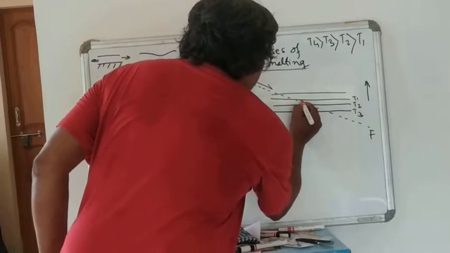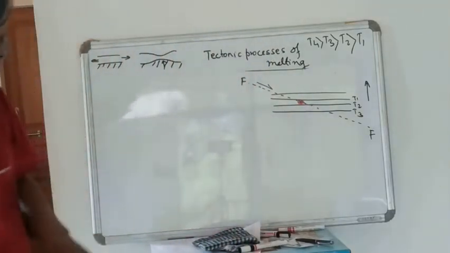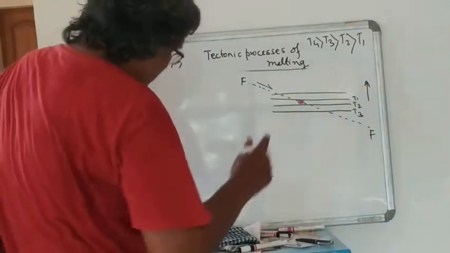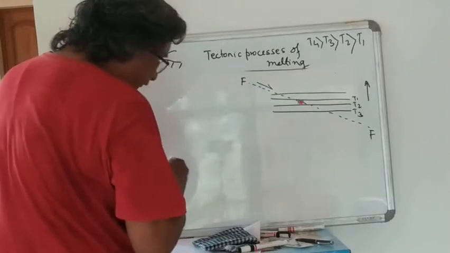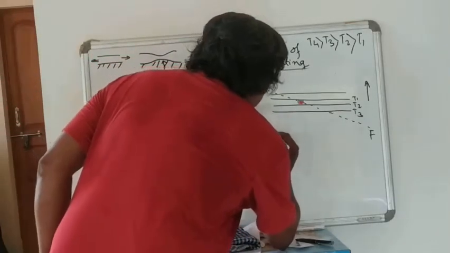Now, if this is so, then let's draw a circle. So what will happen now if the faulting actually takes place?